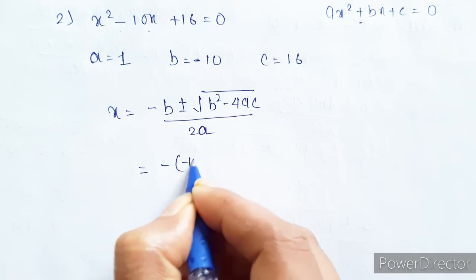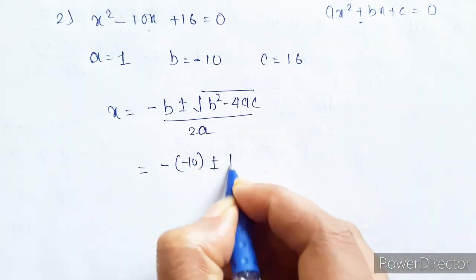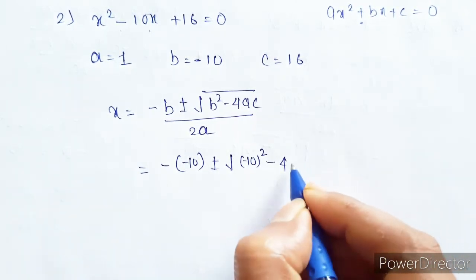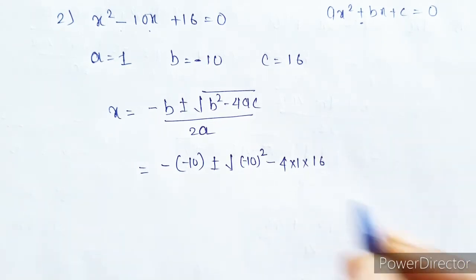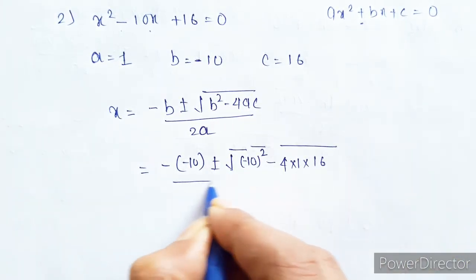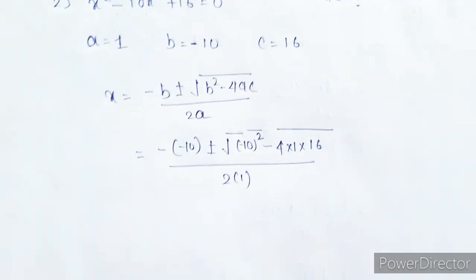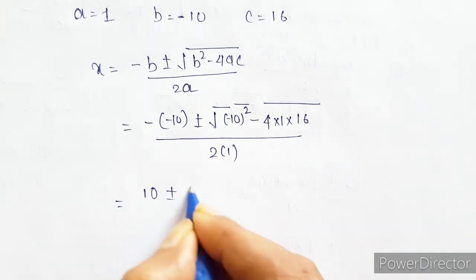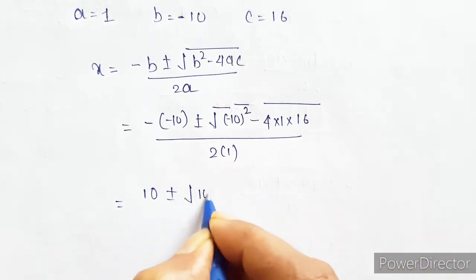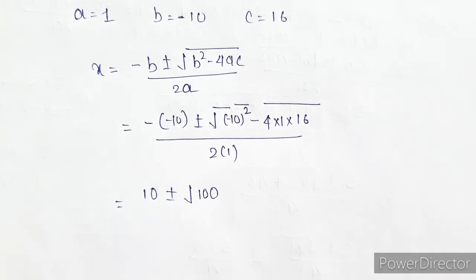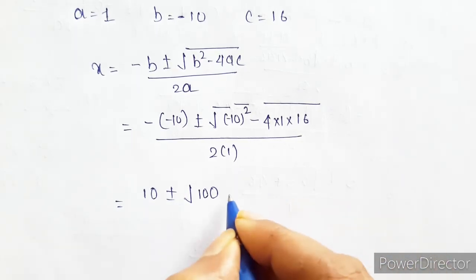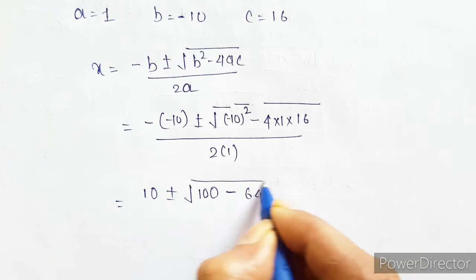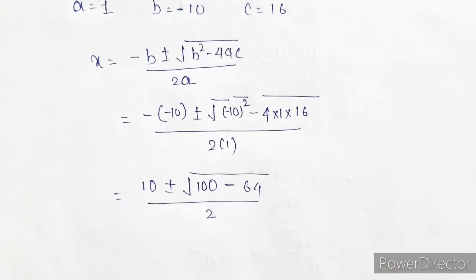Minus minus 10 plus or minus root of minus 10 whole square minus 4 times a, that is 1, into c, that is 16, whole divided by 2 times 1. Now minus minus will be positive, so 10 plus or minus root of 10 whole square, 100, since the square of any number is always going to be positive, minus this is 64, 16 fours are 64, and divided by 2.